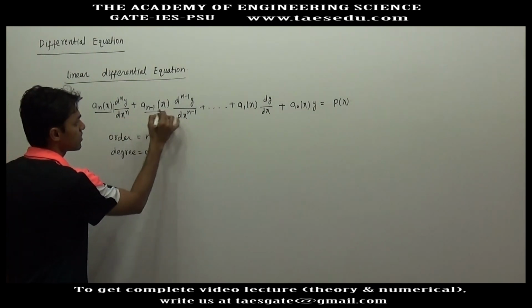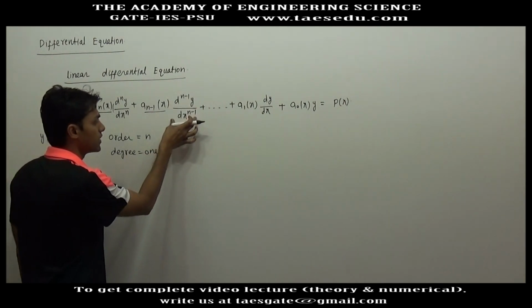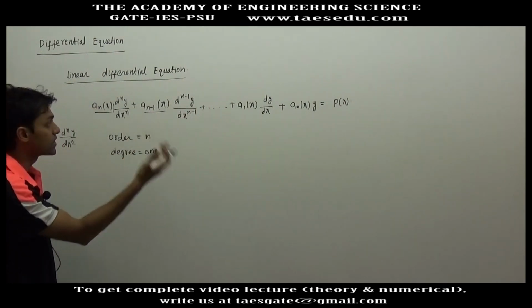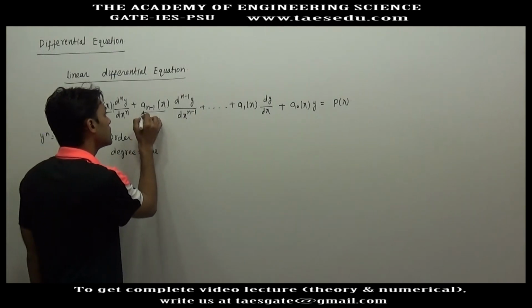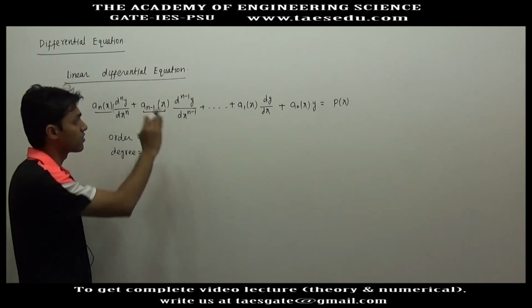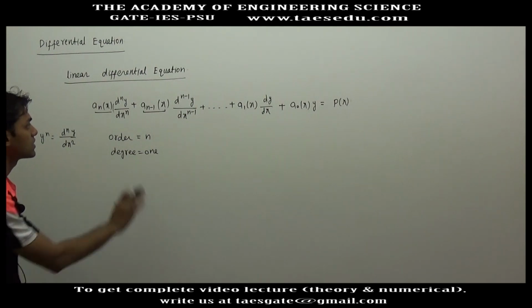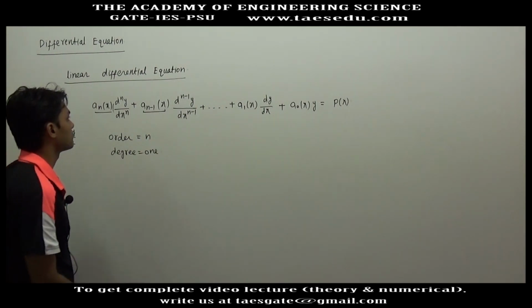An(x), an-1(x), the multiplier of any order derivative of y may be a nonlinear function of x, but it will not contain any nonlinear function of y. So this is a linear differential equation.